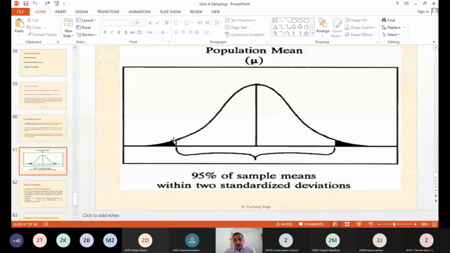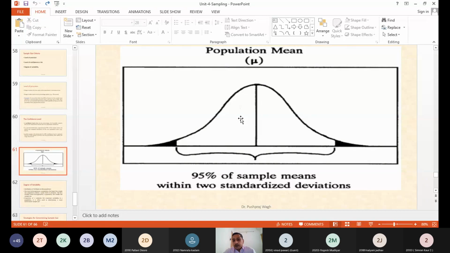This line is the population mean for that particular population, and these are the deviations from that mean on both sides. In a normal distribution, values are equally distributed on both sides of the mean, and there will be extreme values.